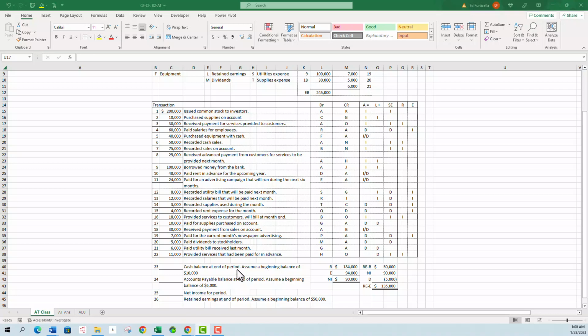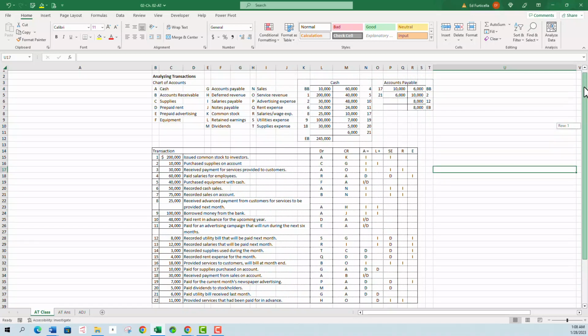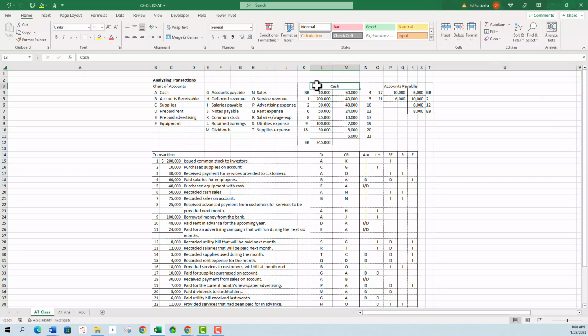And it says that you have a beginning cash balance of $10,000. So look at the T account here. I have a beginning balance of $10,000. The beginning balance is on the debit side because all assets, expenses, and dividends have debit balances.